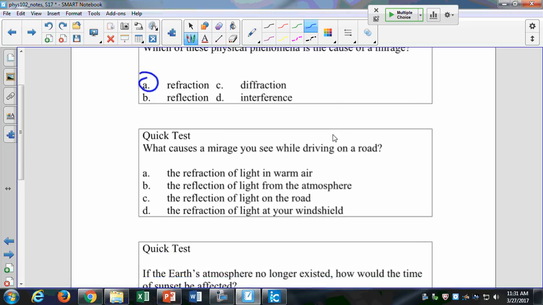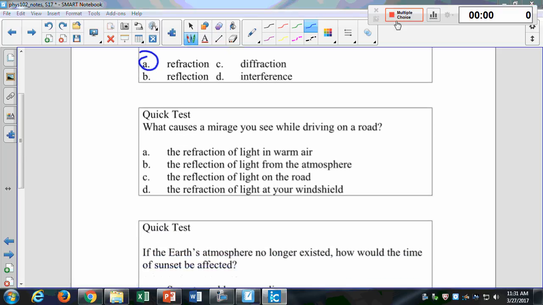It reruns. Okay. What causes a mirage when you see while you're driving on a road? We'll stop at 25.